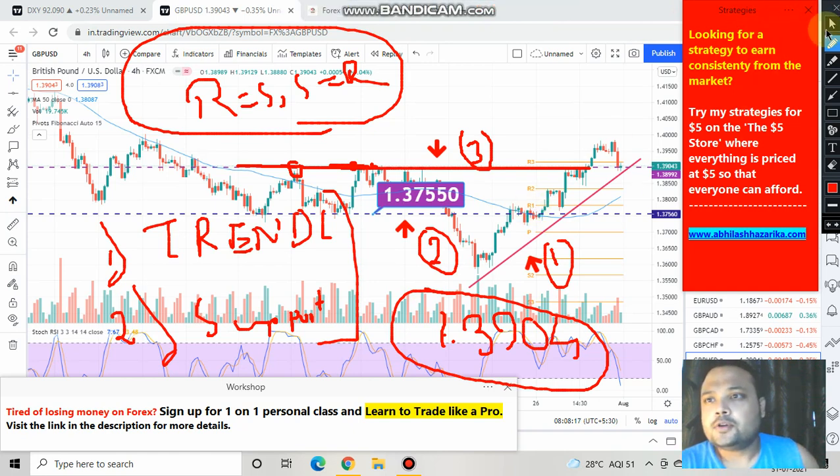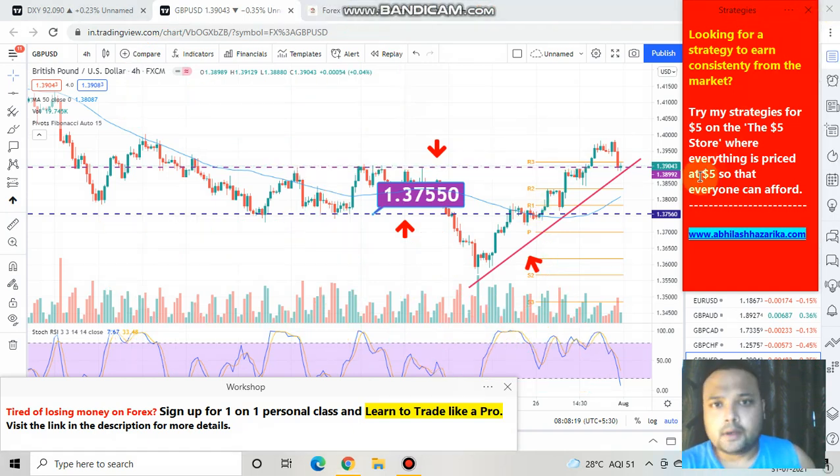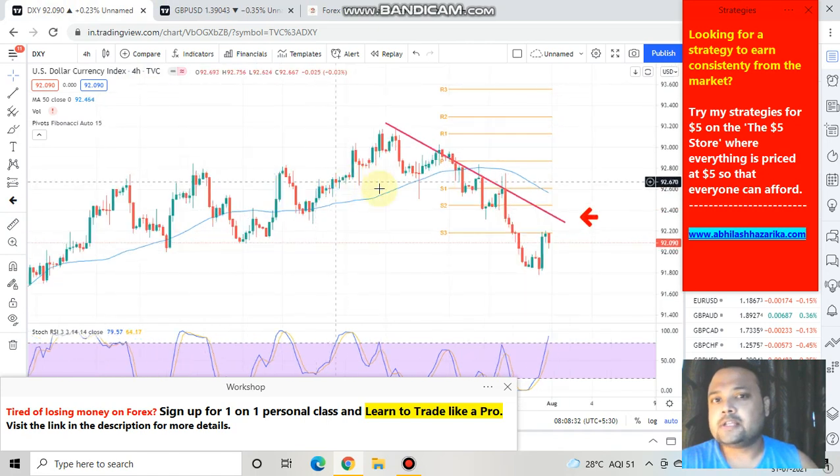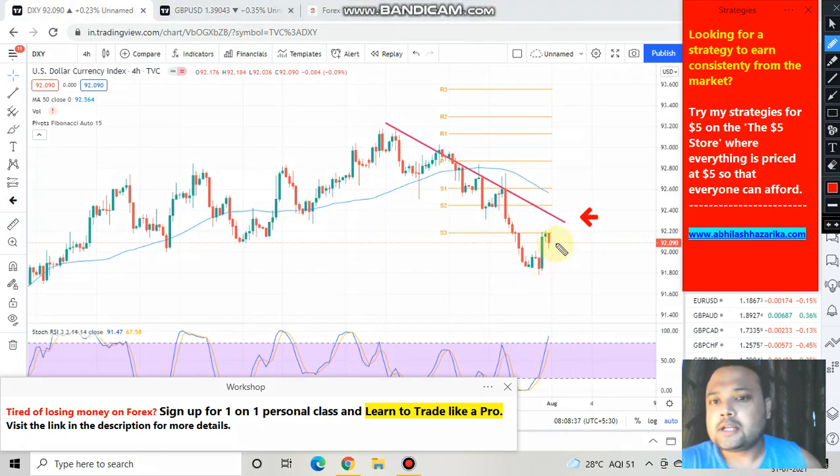Okay, so let the market open on Monday. I'm telling you about a strategy now. Let the market open on Monday and just see how the price is doing, because this chart is directly related to the chart of DXY. This is the chart of the US dollar. In case the dollar starts going down, then you'll see the pound going up.